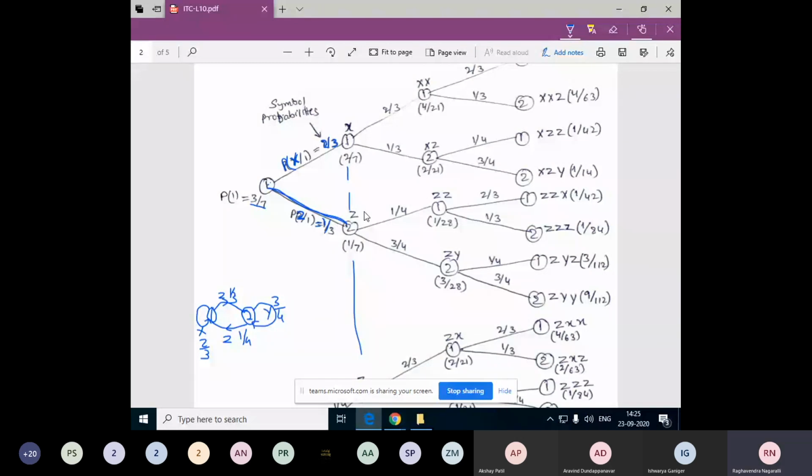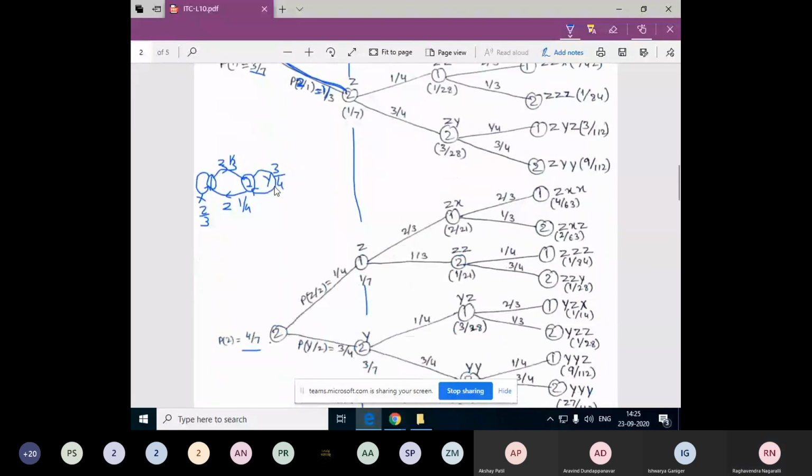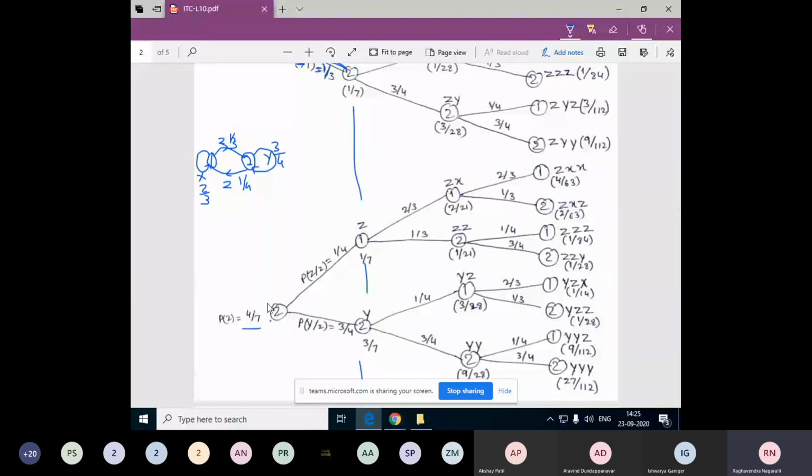Any doubts till now? Have you understood up to this point? Yes, sir. So these are the transitions from initial state 1. For initial state 2, what are the transitions given in this state diagram? We have one transition from 2 to 1 and one from 2 to 2 itself.